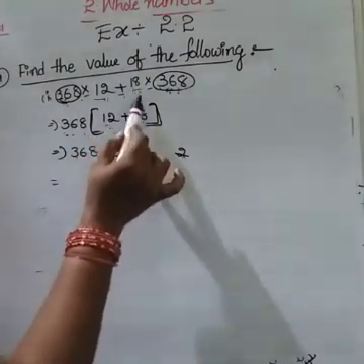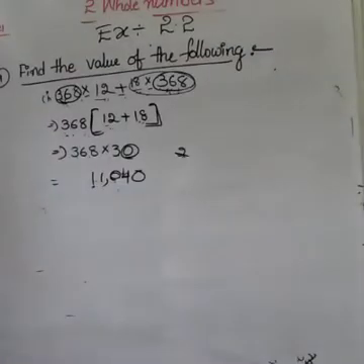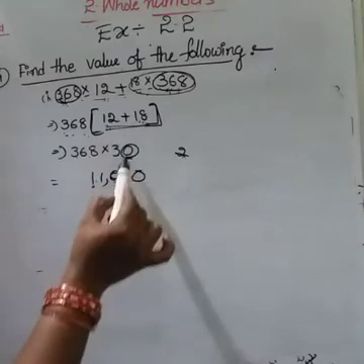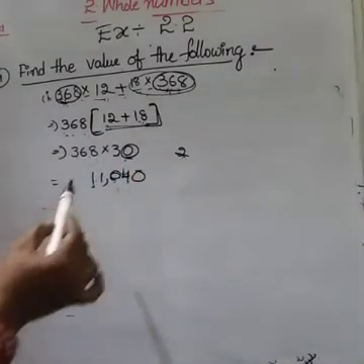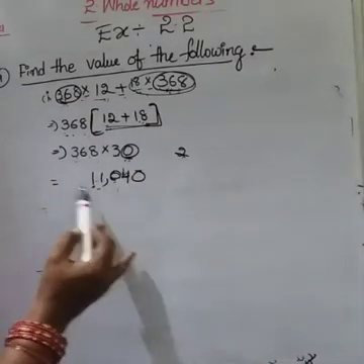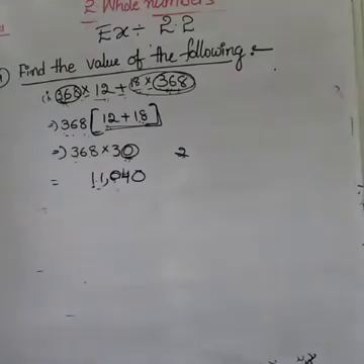Again in this, 18 is remaining, so we write here. When we add these two, we get 30. So 368 into 30 equals 11,040. Second one is homework. Okay, the second one, fifth Roman also homework.